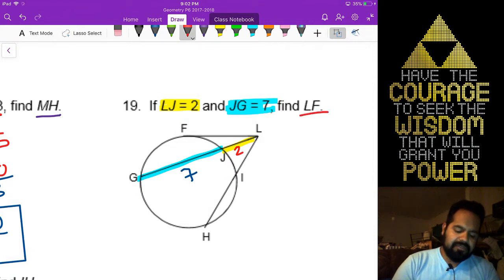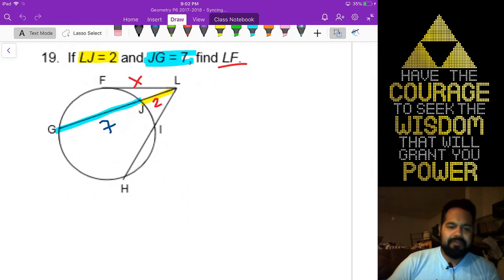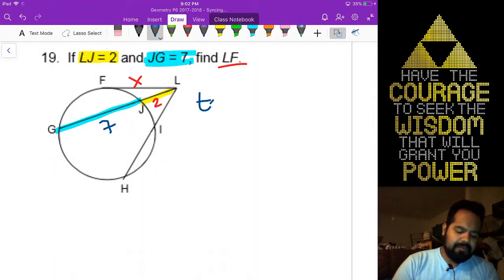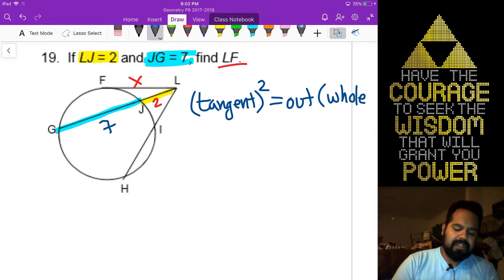Let's find LF. Well, LF is a tangent. If we recall what we're supposed to do, we're going to say tangent squared equals the outside times the whole. We're going to use this relationship here.